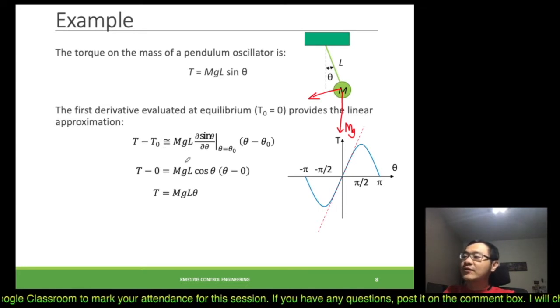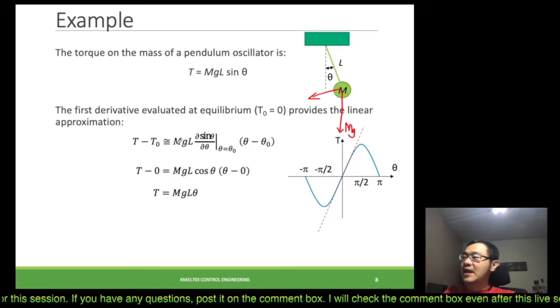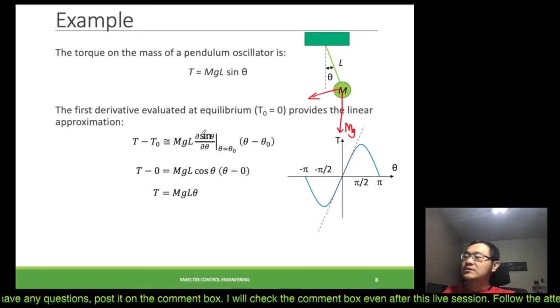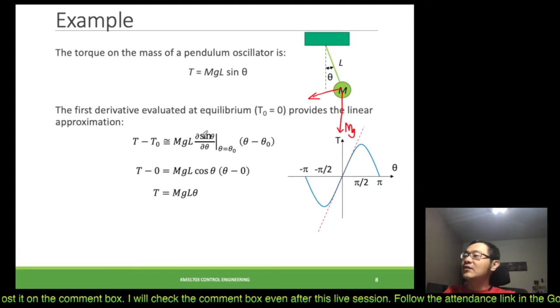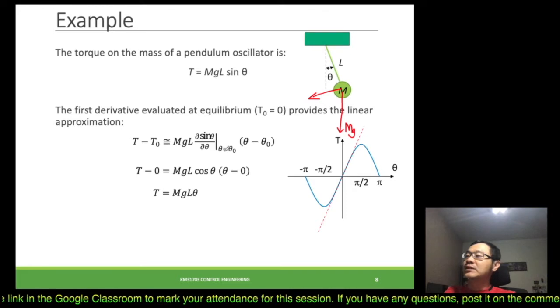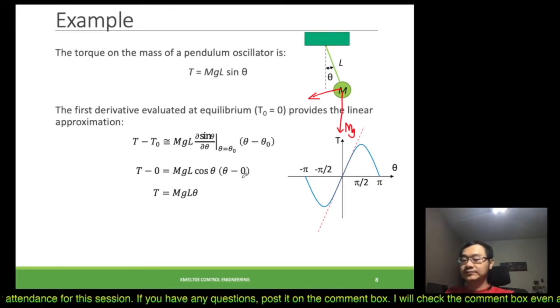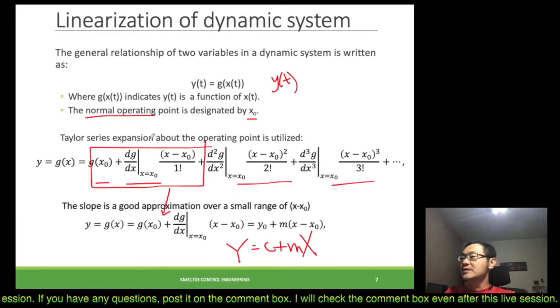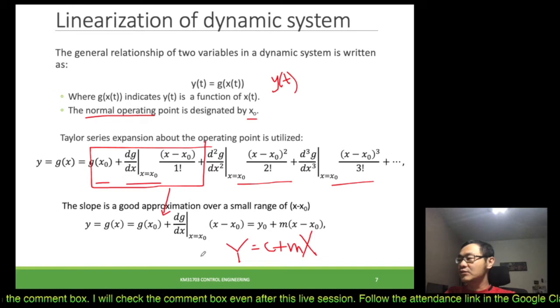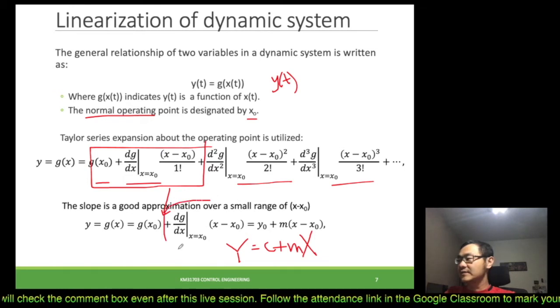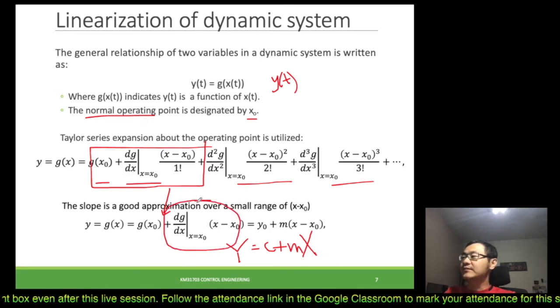So we would have the term mgl times the partial derivative of sine theta over theta, multiplied by theta minus theta naught, as given in the previous equation, the first derivative.